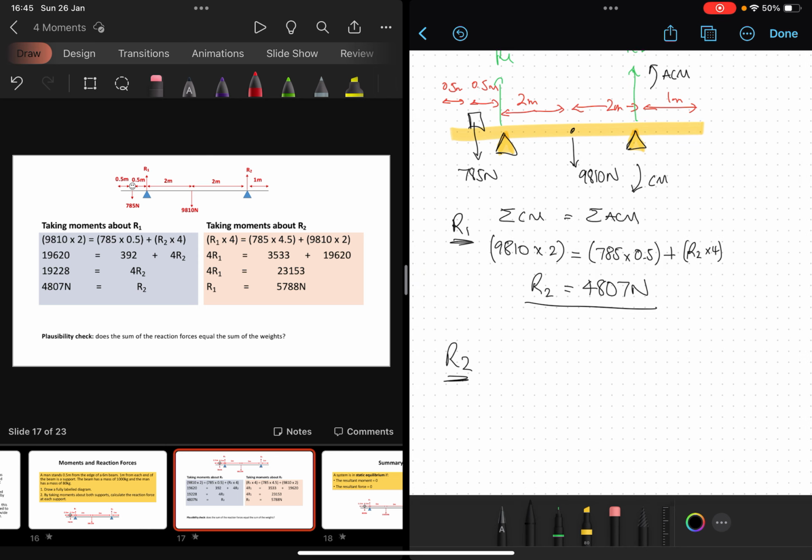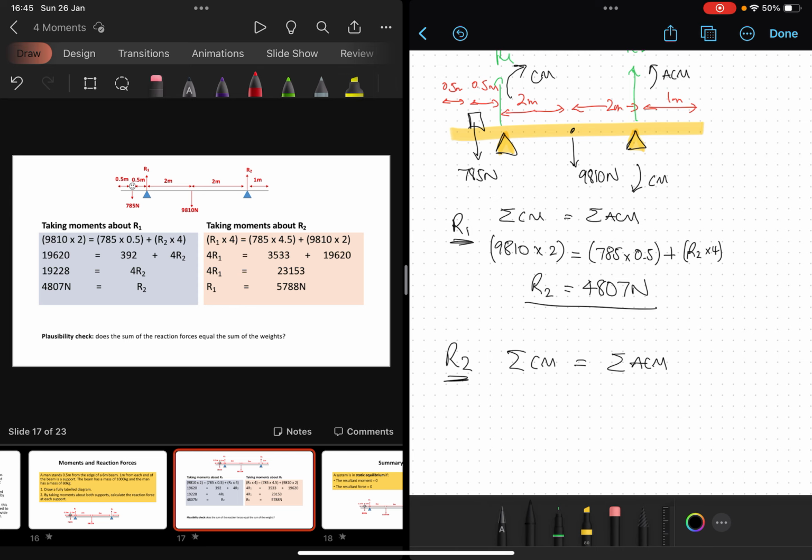From the perspective of R2, what are the clockwise and anti-clockwise moments? The clockwise moment is provided by R1. The weight of the beam is pushing down on the first pivot, and the first pivot in response provides a clockwise moment.